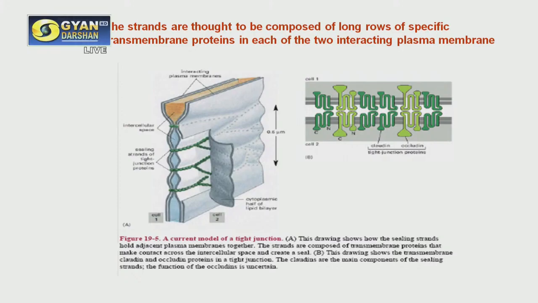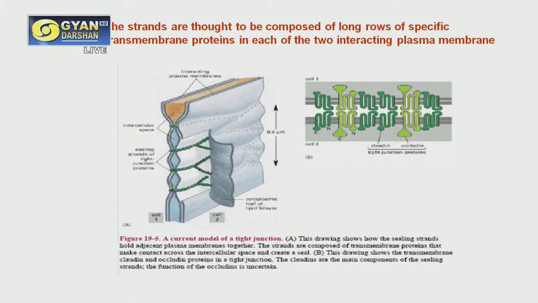In the left hand side figure you see two cell surfaces, and the two cell surfaces are tightly sealed by some chain-like structures, marked in green. Just as you fasten something with a chain, similarly here the two surfaces of the cells are fastened or tightened together by chain-like structures. This is how the tight junctions are organized, and thereby they seal the cells.